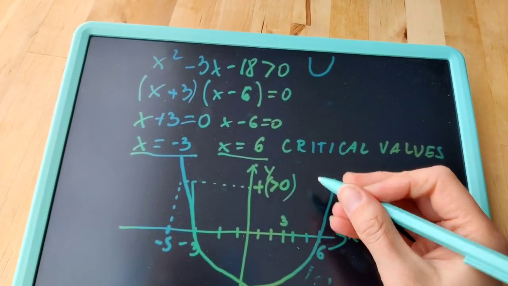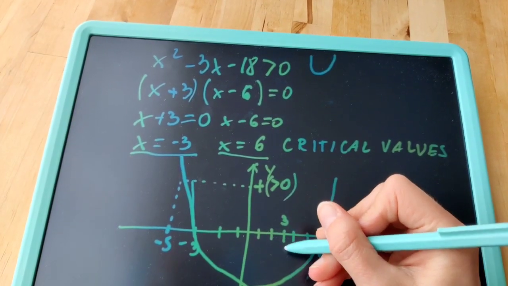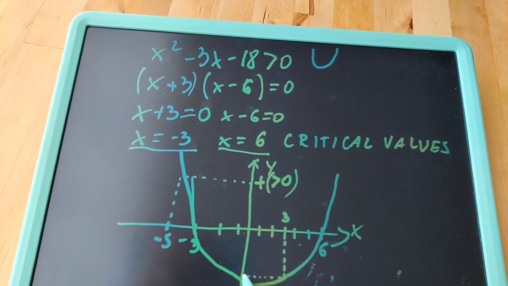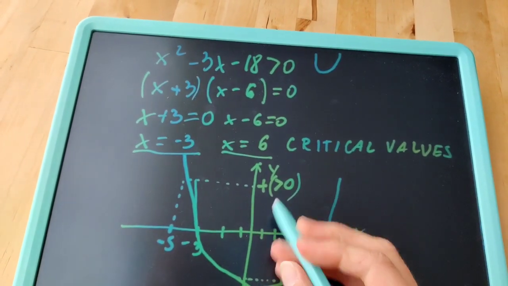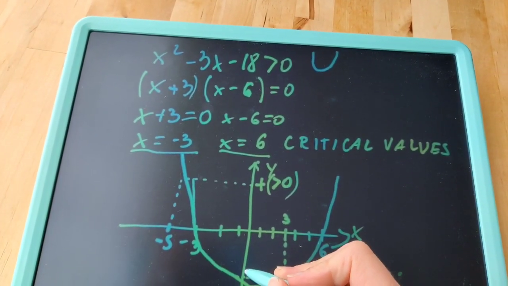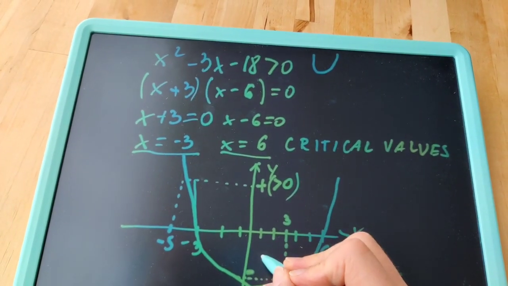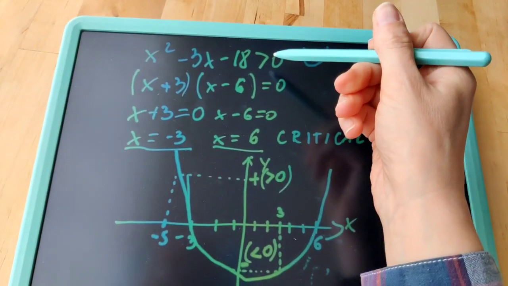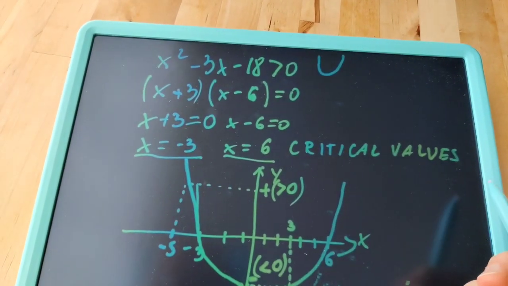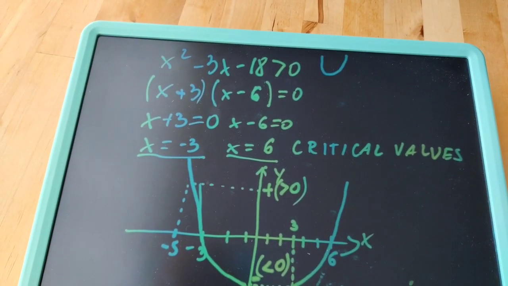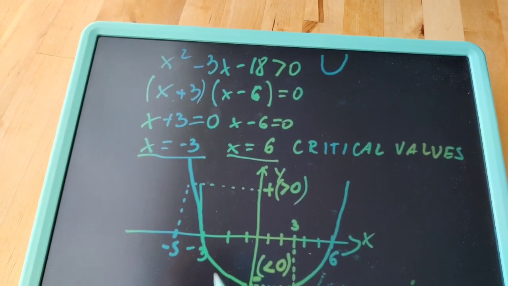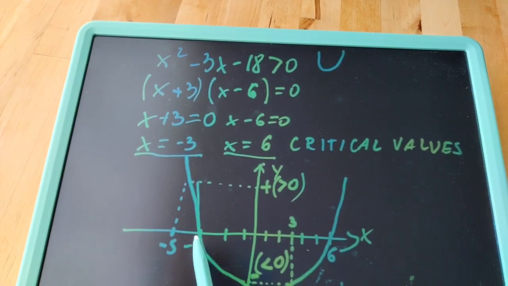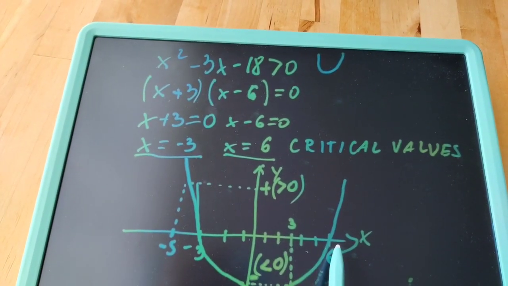I'm again going to extend it towards our parabola, which is going to be down here, and extend over to the y-axis. We can see that this is a negative value, or a value less than 0, which is against what we have up here. This is how we know that it's not going to be the values we're looking for. They're not going to be in this region between negative 3 and positive 6.